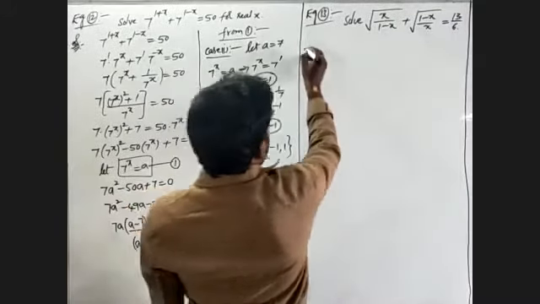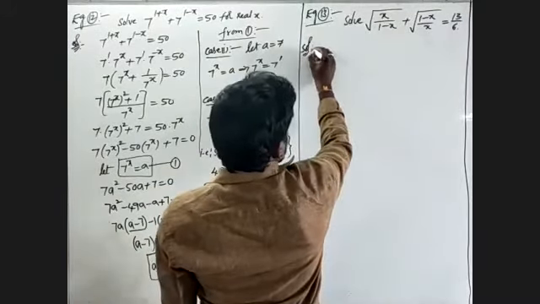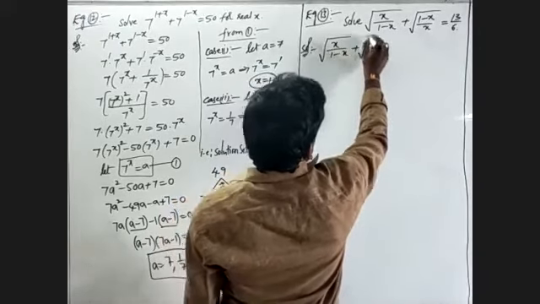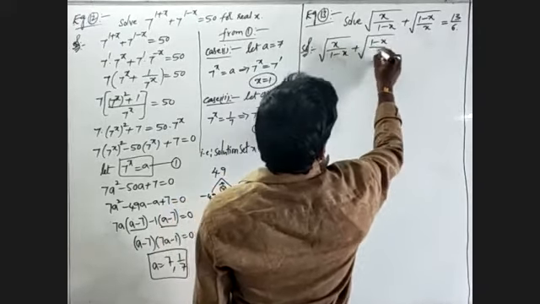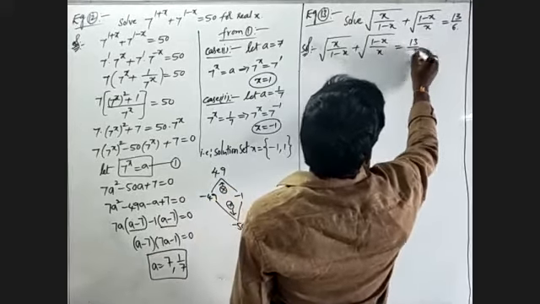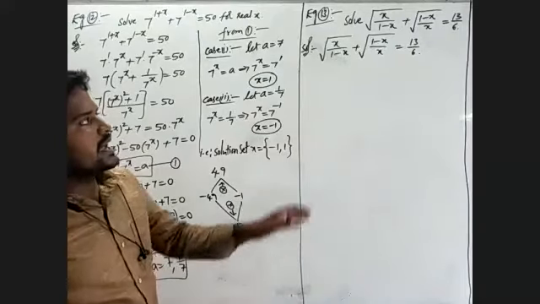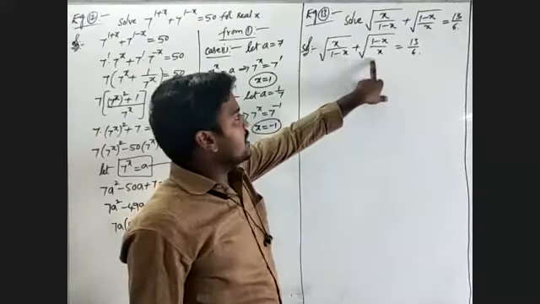Here we will observe what is given: root of x by 1 minus x plus root of 1 minus x by x is equal to 13 by 6. Observe, this is the reciprocal of this one.